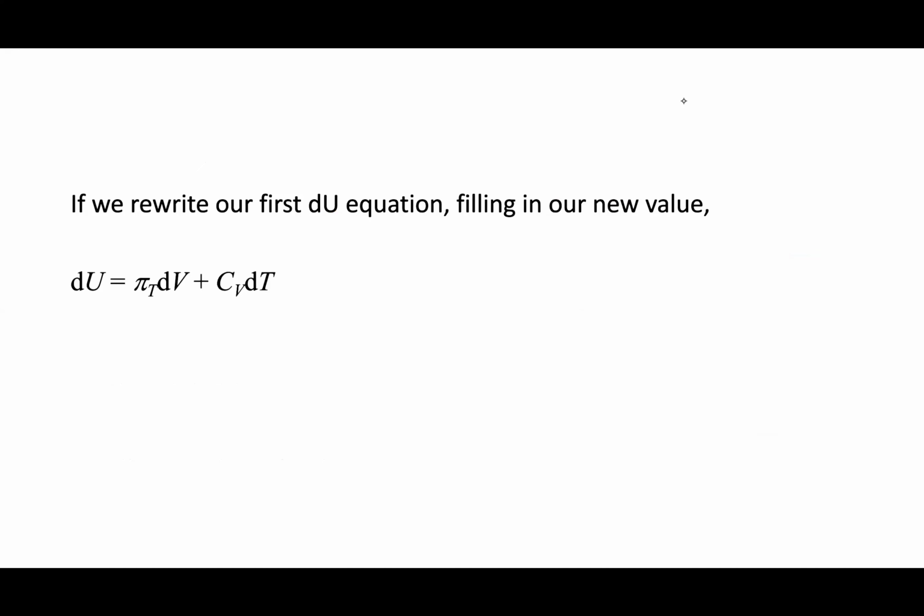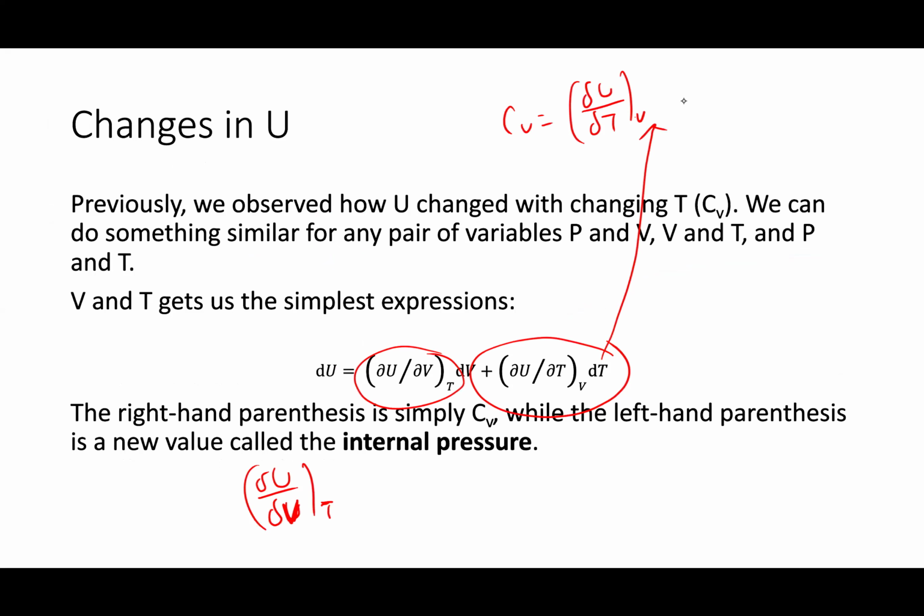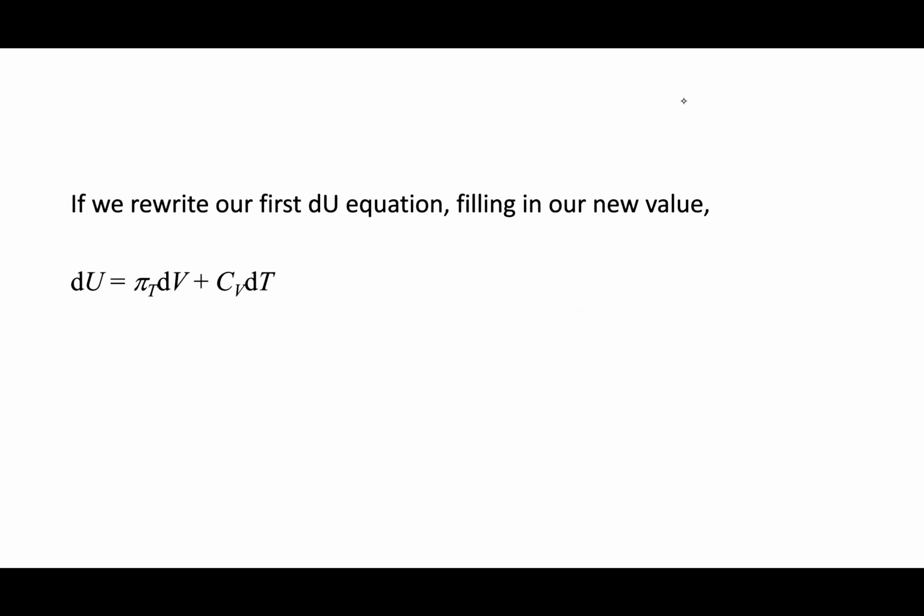Now, if we rewrite our first equation, filling in the symbol for internal pressure, what do we get? Now our dU is equal to internal pressure times dV plus our constant volume heat capacity times dT.